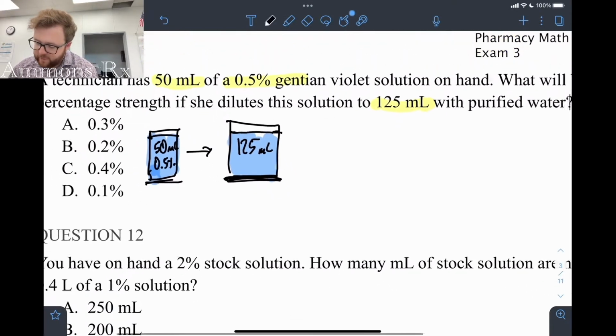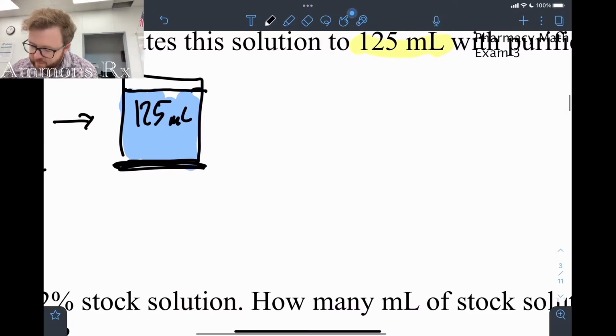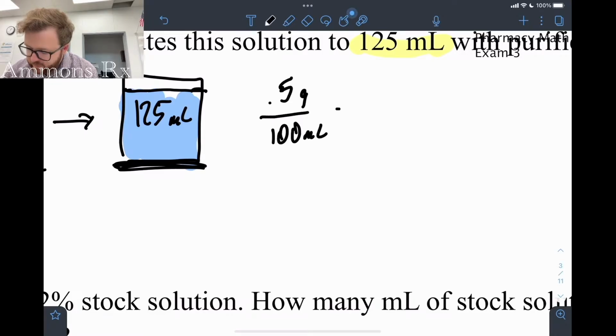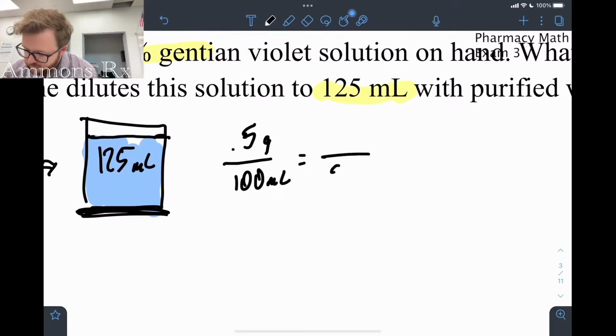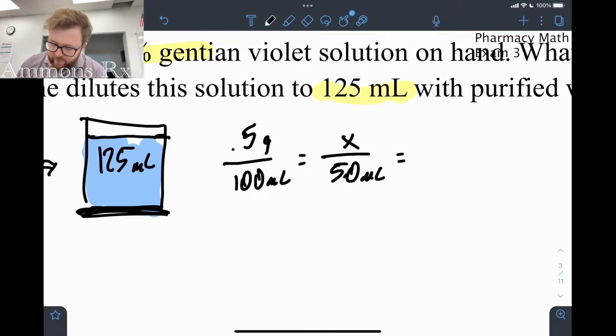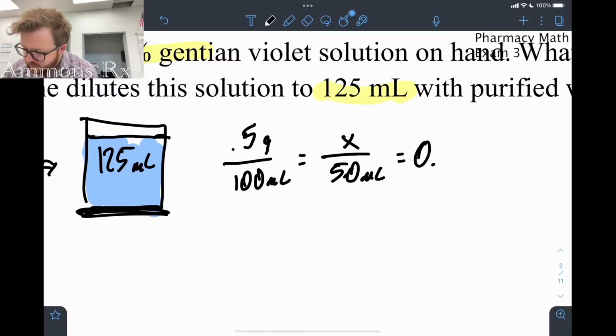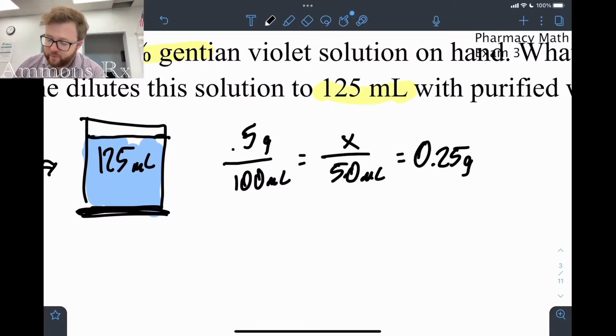Okay, so we need to first ask ourselves how much drug she has. So it's 0.5%, so that's 0.5 grams in 100 mils. She has how much? 50 mils. So 50 times 0.5 divided by 100. That's 0.25 grams of pure drug.